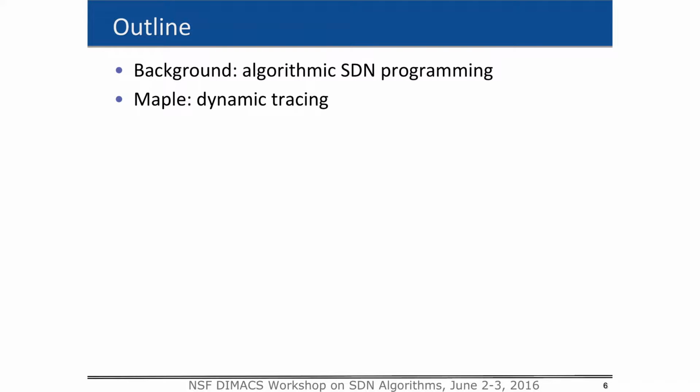In our previous work, we designed the Maple dynamic tracing runtime system, which can trace the execution of the invocation of each algorithm policy f and transform the execution trace into the corresponding flow tables.